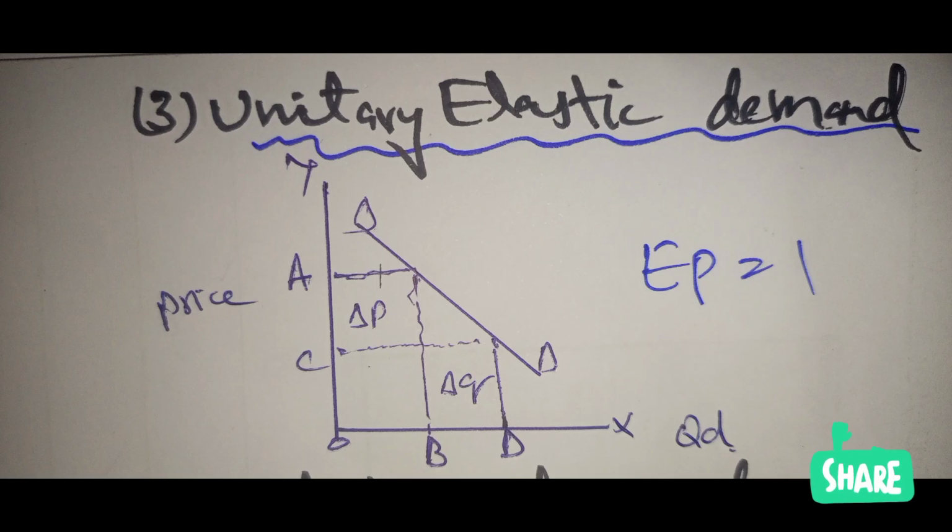It means that a 30% increase in price leads to a 30% decrease in quantity demanded, or a 30% decrease in price leads to a 30% increase in quantity demanded.